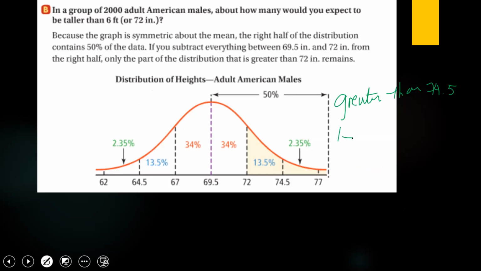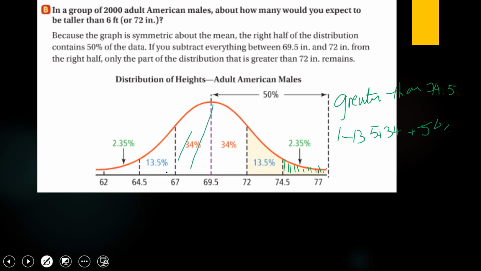Yeah, bravo. You say now that the area under the curve is 1 or 100. So 1 minus, I want this one here. So don't say it is 2.35. You have to say 1 minus 13.5 plus 34 plus 50.